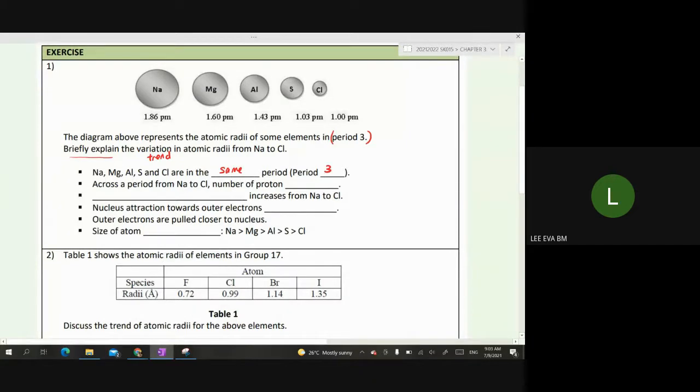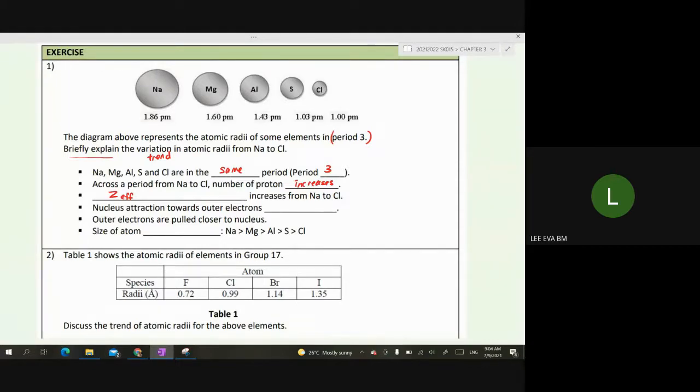Across a period from sodium to chlorine, the number of protons increases. Then what increases as well? ZEF, or your effective nuclear charge. You can use the symbol Z or ZEF, or write it in full. If you are afraid you will forget what ZEF is, write effective nuclear charge.